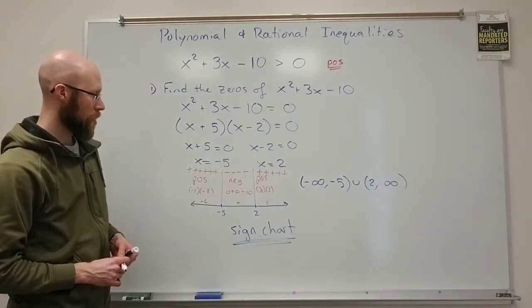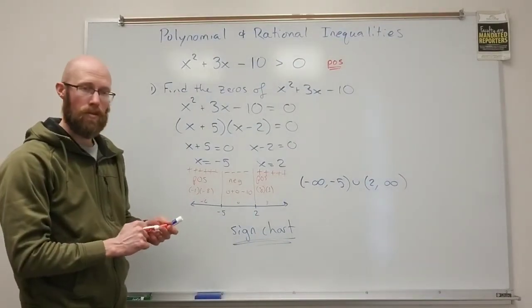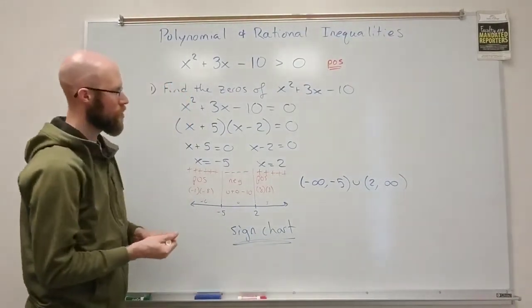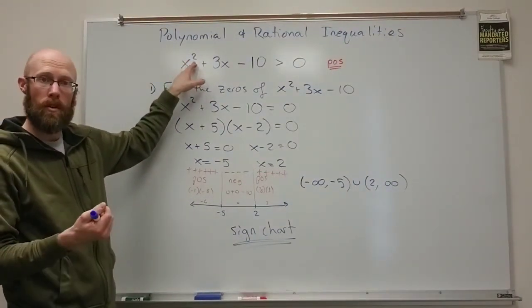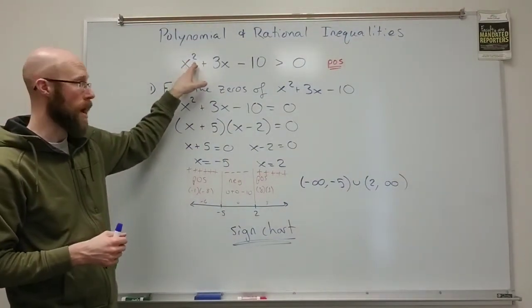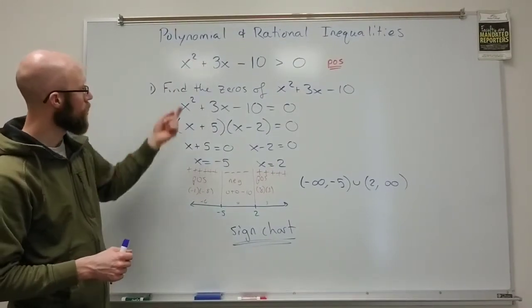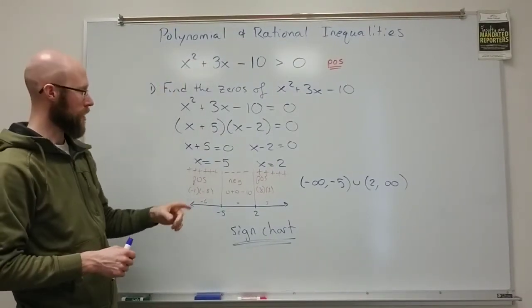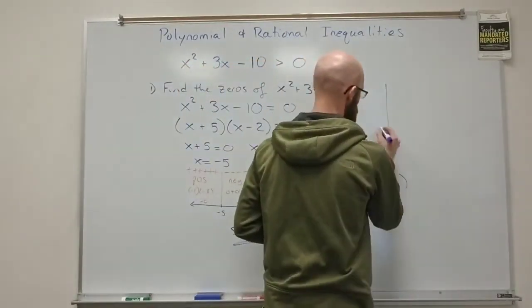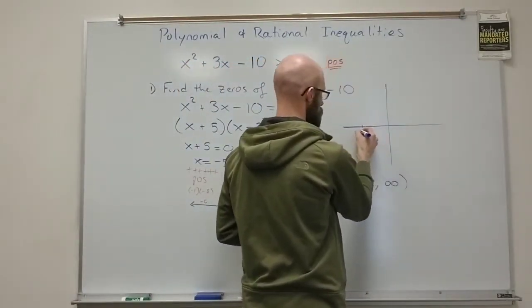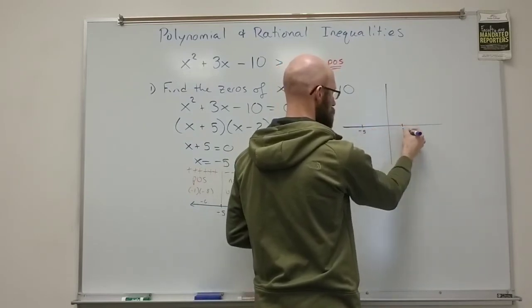Okay, so how does this relate to the graph? Well, let's just picture this for a moment. This graph is quadratic, right? It has a parabola as its graph, and it opens upward with x-intercepts at -5 and 2. So I can just give a real quick sketch of that graph. Over here is -5, over here is 2.